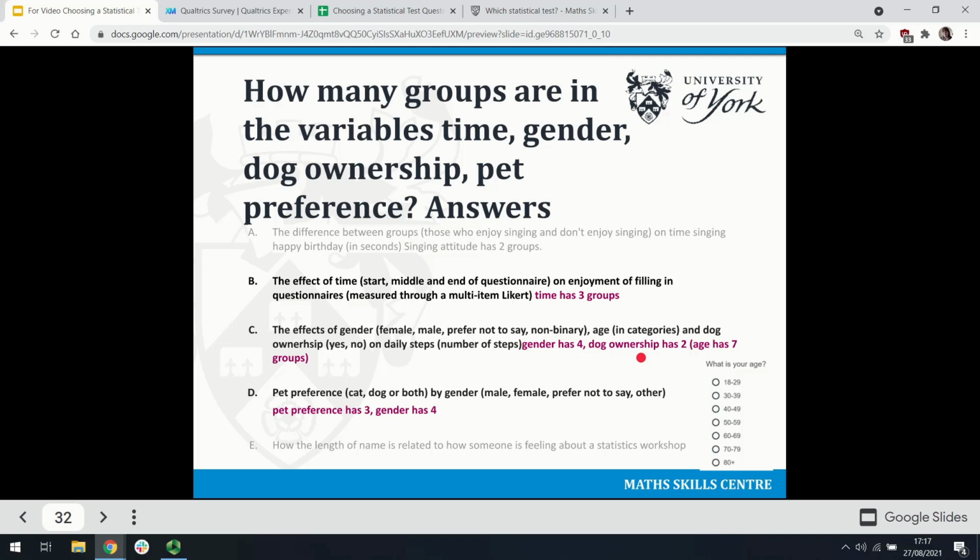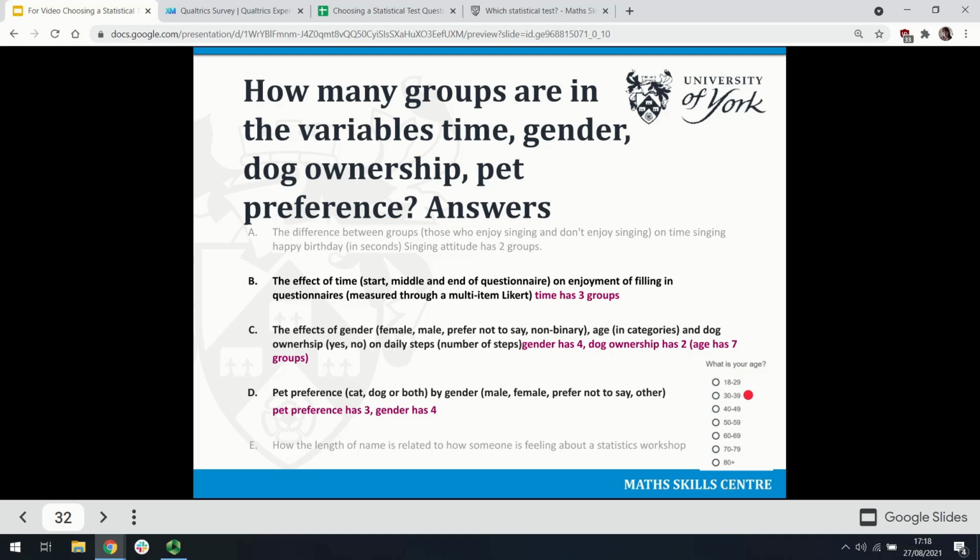And then, in case you were wondering, age isn't actually nominal. We said that that was ordinal. Let's just say, though, that you don't manage to get your questionnaire out to a wide variety of people, and everyone who fills in your questionnaire is either between 18 and 29 or 30 and 39.